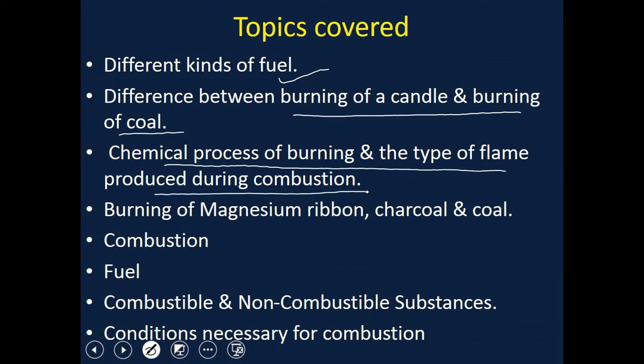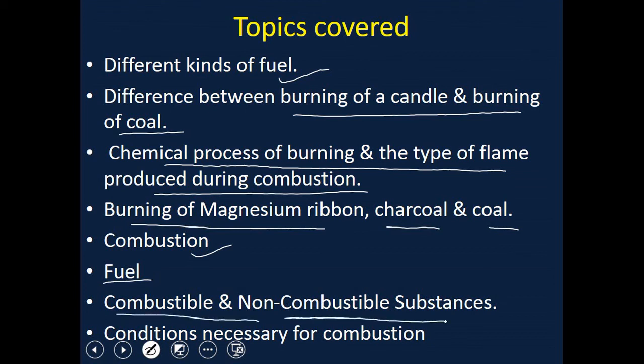After that, we will study the burning of magnesium ribbon, charcoal and coal. Then we will see what is combustion. After studying combustion, we will discuss fuel. After that, we will study combustible and non-combustible substances. Then finally, we will see conditions necessary for combustion, and all these points will be supported by various activities also.